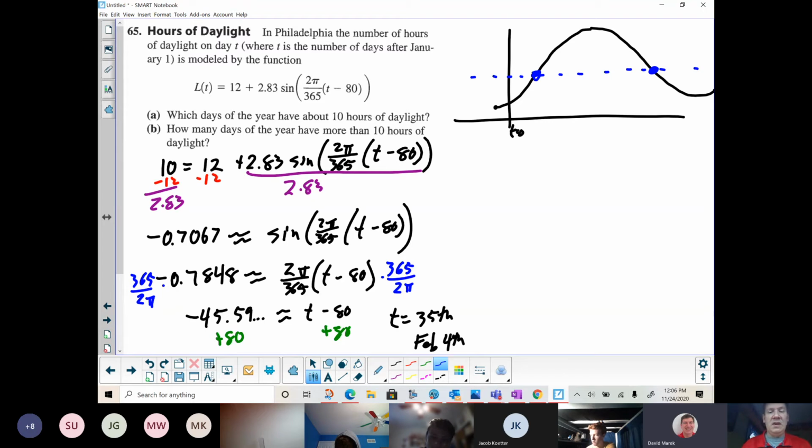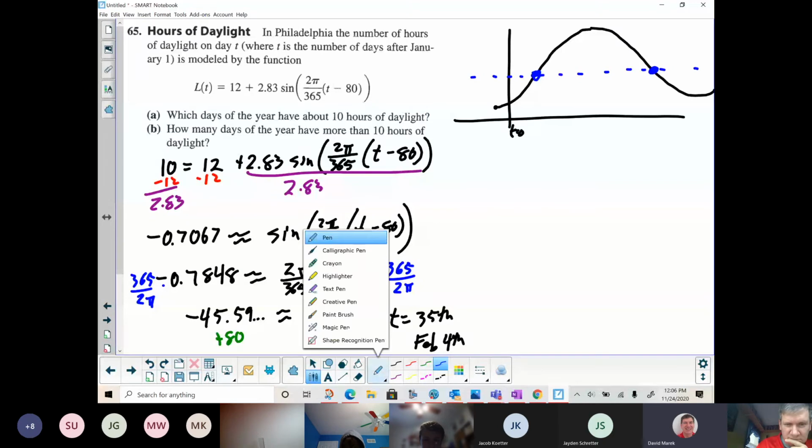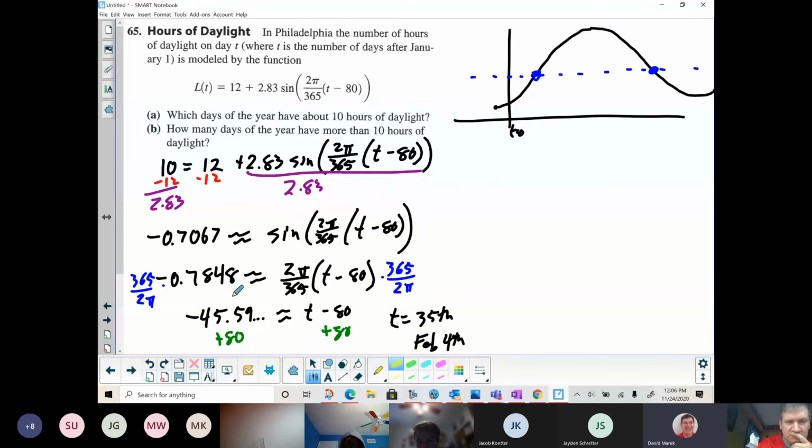Okay, so we found the first one there as the 35th day, and then translated that into our calendar there for February the 4th. But now we have to find the other one. Now, again, that's going back to this value right here.